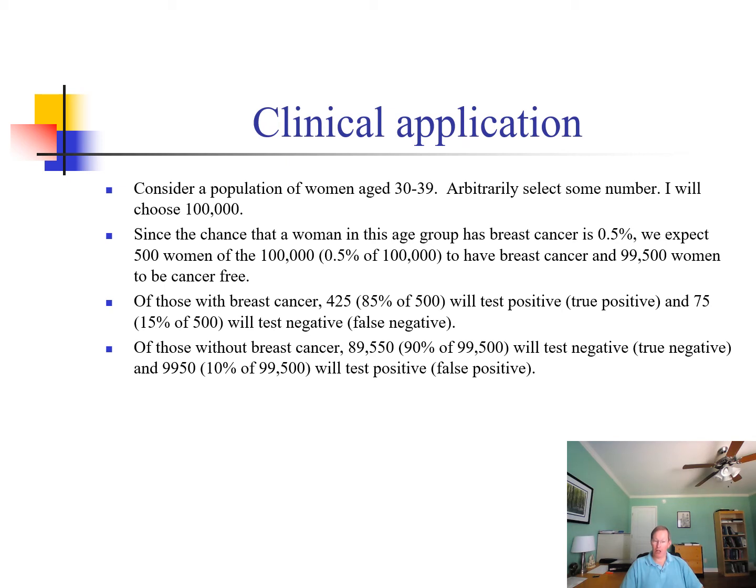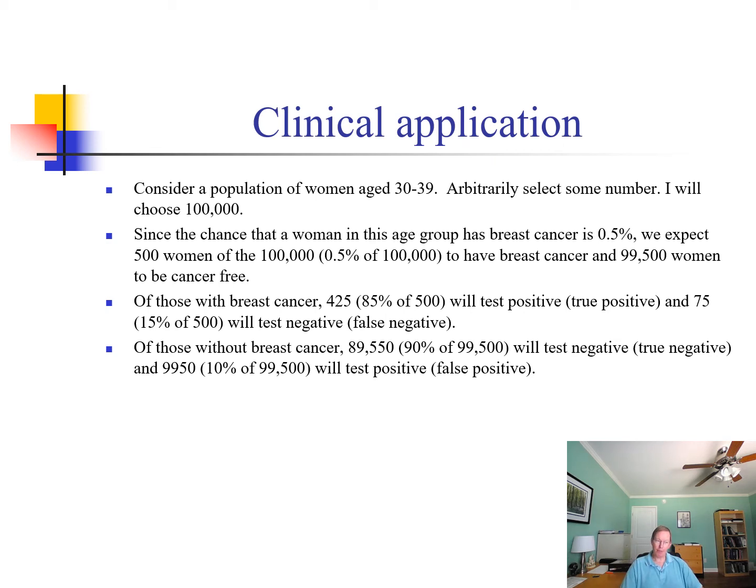Now, of those with breast cancer, 425, 85%, that's my medical sensitivity, 85% of them are going to test positive, truly positive. So that's 425, or 85% of 500. And 75 are going to test negative. Those are going to be false negatives.